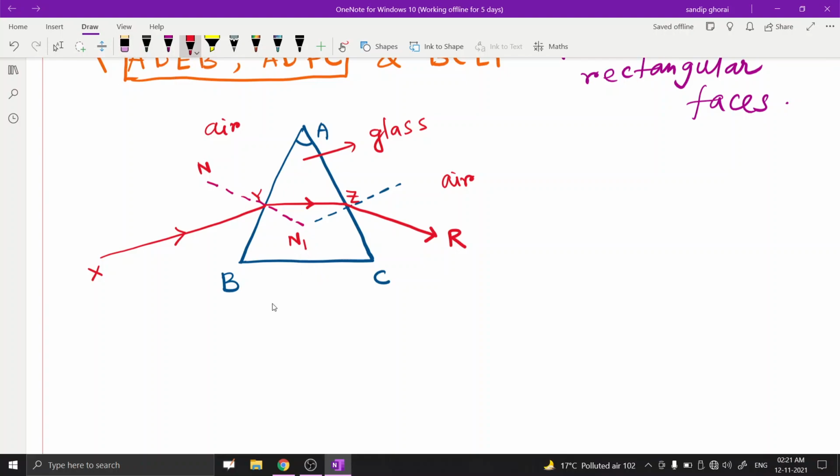Here N1 is the normal to the AB surface, and N2N3 is the normal to the AC surface.